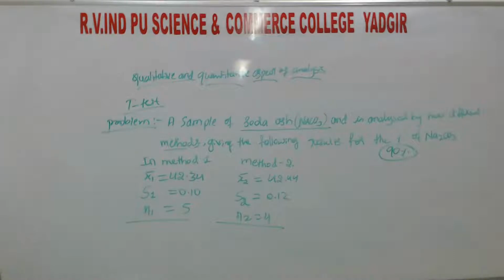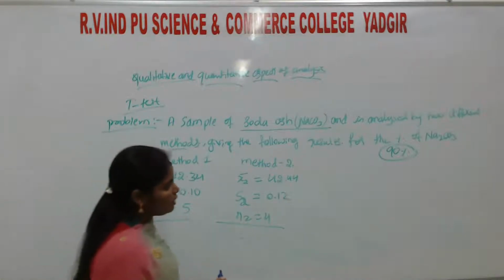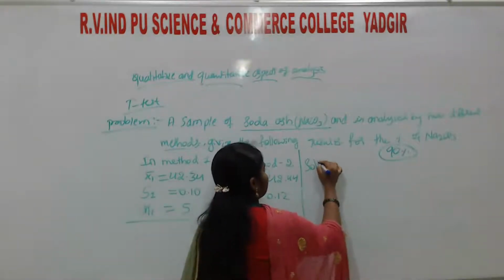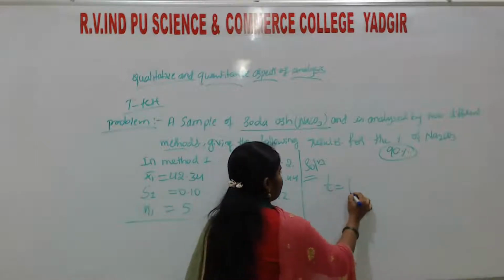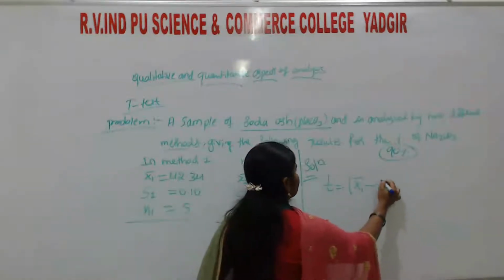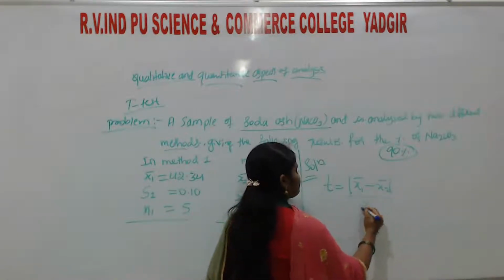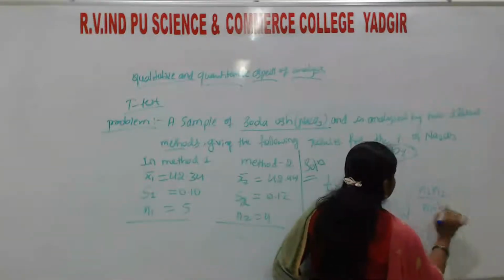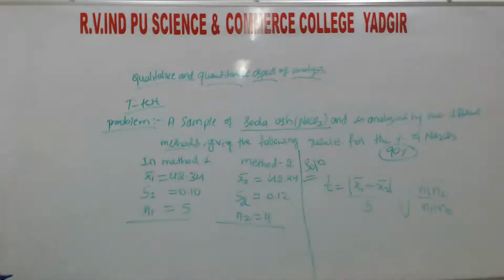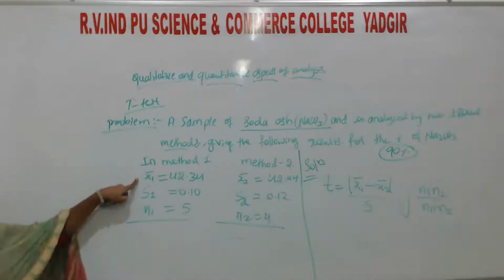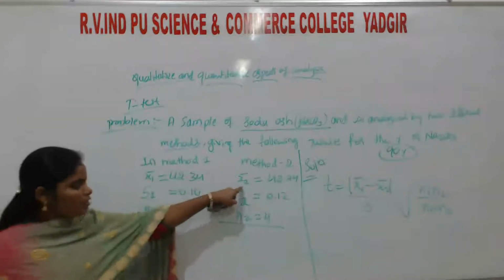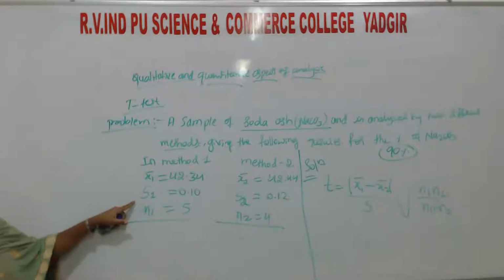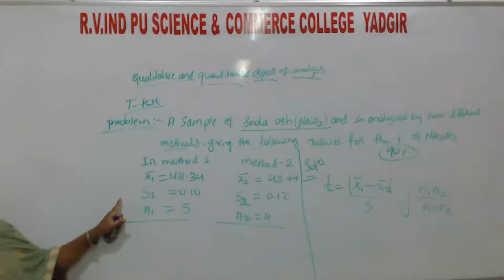Solution. You know the formula: t is equal to x1 bar minus x2 bar divided by s into square root of n1 n2 divided by n1 plus n2. Here x1 bar is 42.34 and x2 bar is 42.44, and s1 value is 0.10 and s2 value is 0.12.